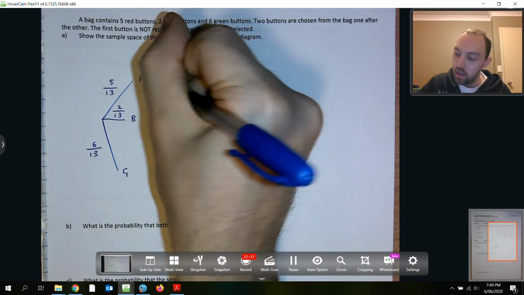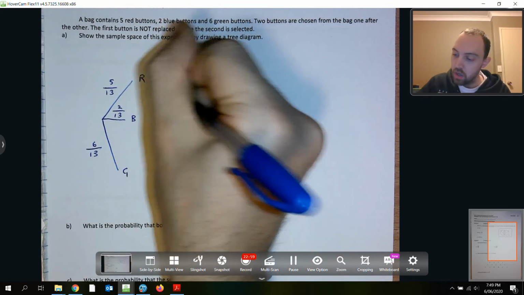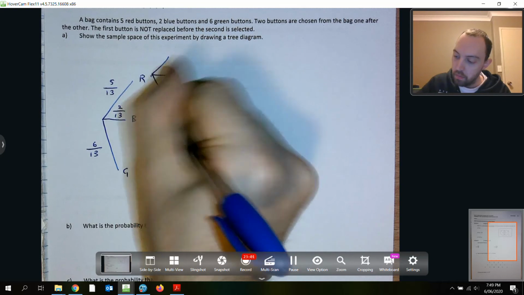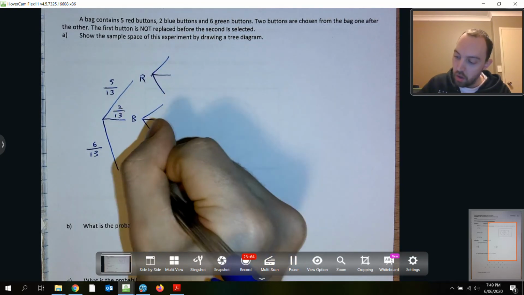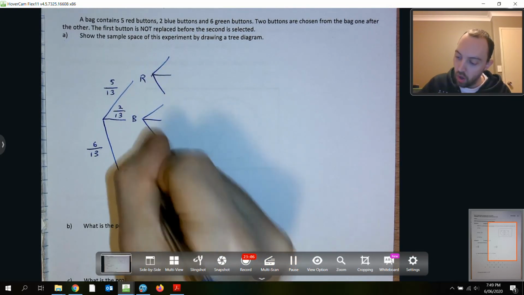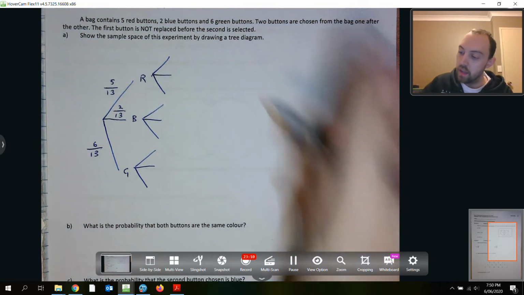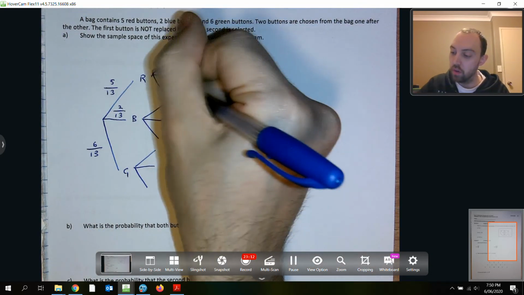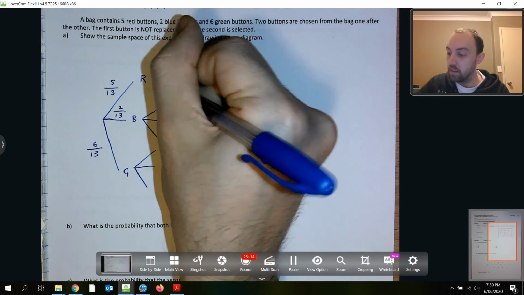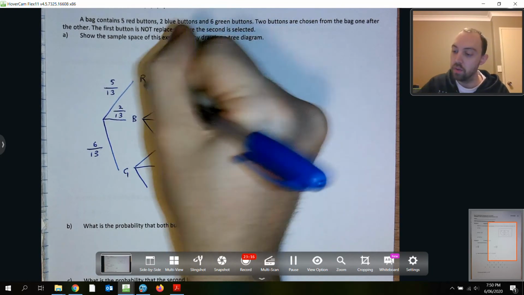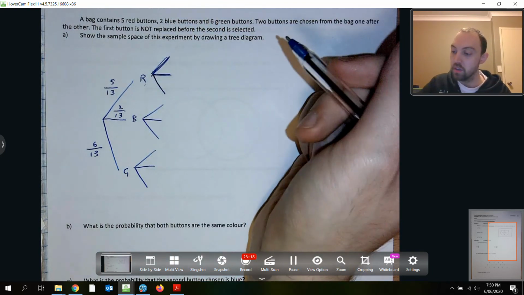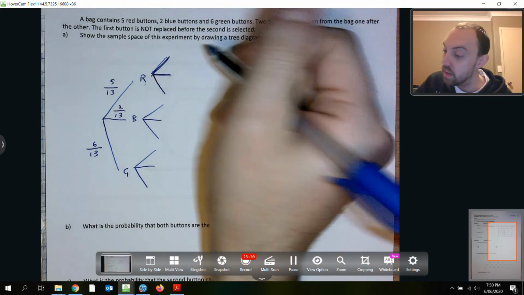Then, depending on which button we've chosen on the first draw, this changes what the result is for the second one. Okay, these are directly dependent on the result of the first one. Conditional probability or dependent events.